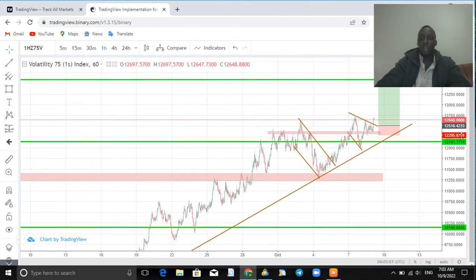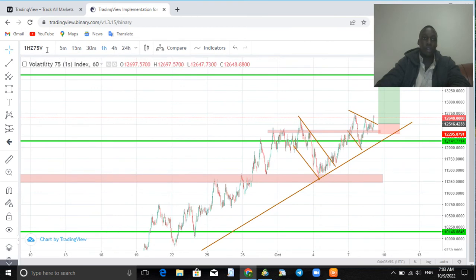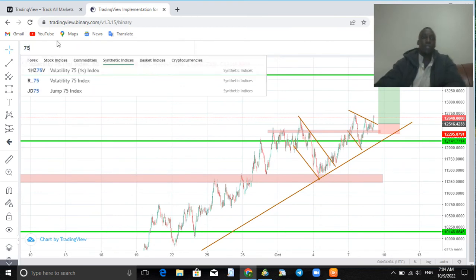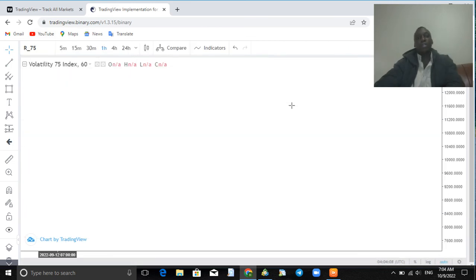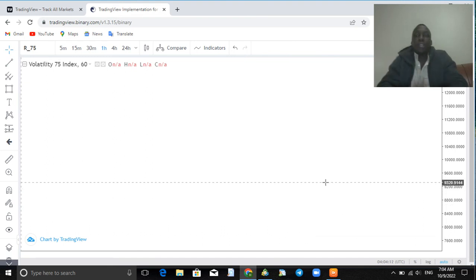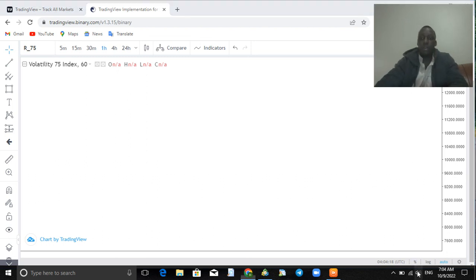Now I'm going to head to the second pair, which is our last pair, which is Volatility 75. Now these pairs, they don't move in the same way. Every pair has its own movement.